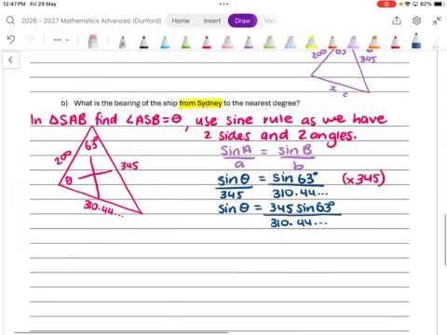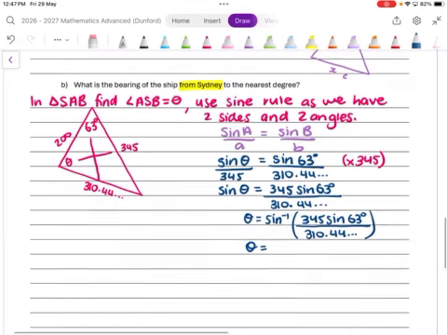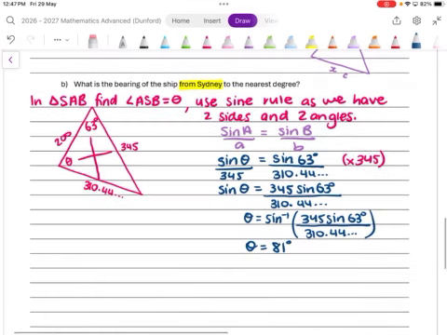How we get theta is that theta equals inverse sine of 345 sine 63 degrees over our 310.44 dot, dot, dot. Put that into our calculator and we get that theta is 81 degrees 58 minutes and 7.22 seconds.